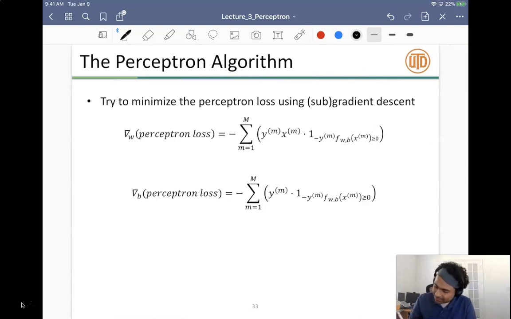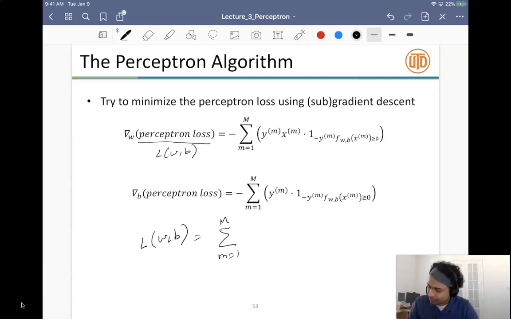Okay, so how do we compute the subgradients of the perceptron loss, right? I'll call the perceptron loss L of W comma B, a function of W comma B, right? If you recall, this quantity is the sum over m from 1 to capital M, so it's my sum over my training data points, right? And then I had a max of 0 comma minus ym multiplied by f of w comma b of x of m.